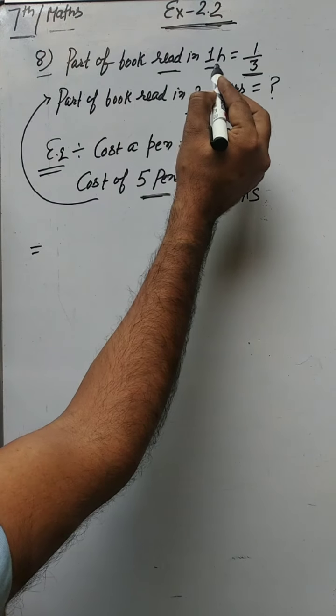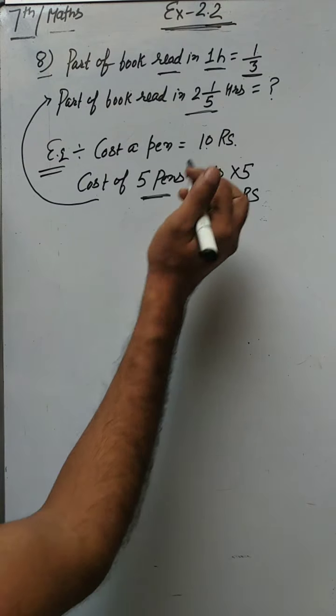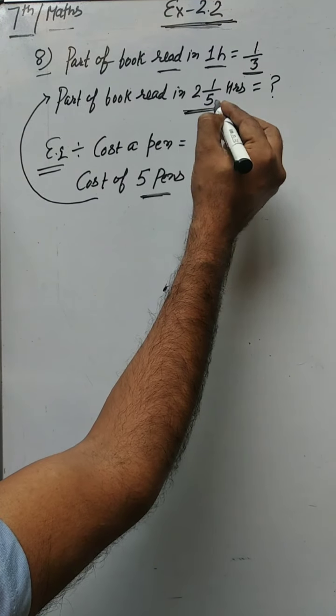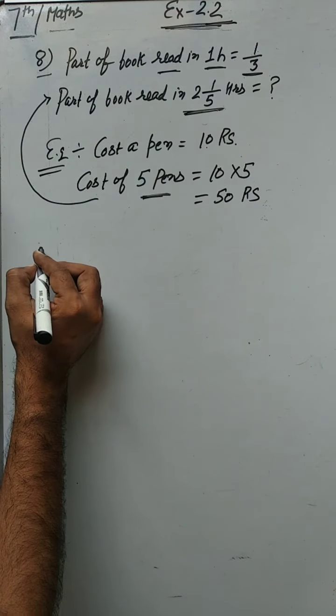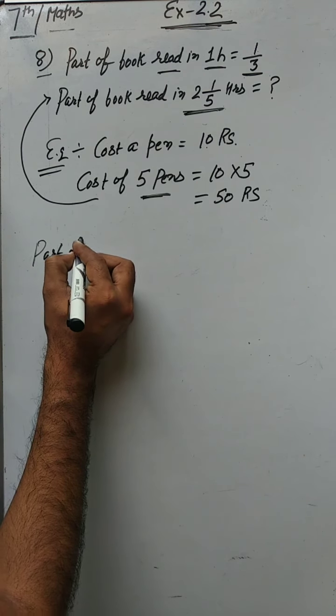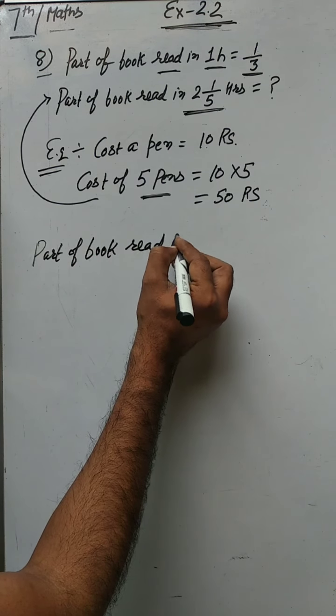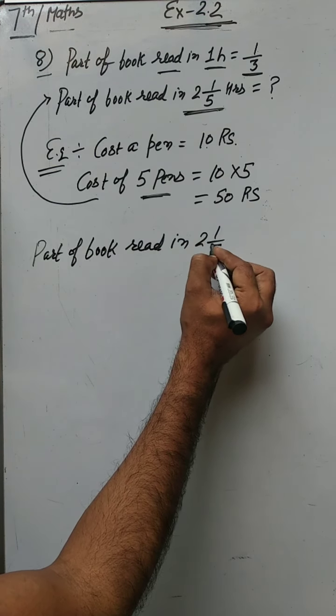Now the part of the book read in 1 hour is 1/3. I want to find the part of the book read in 2 and 1/5 hours.